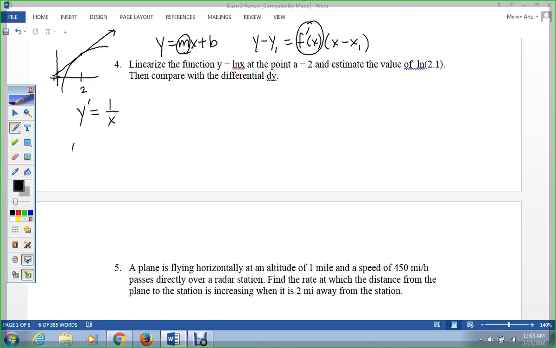So we are trying to find y prime of 2, which would be 1/2.